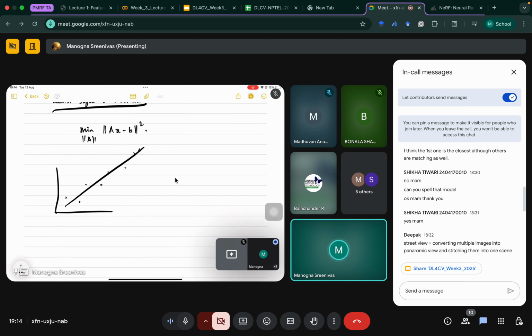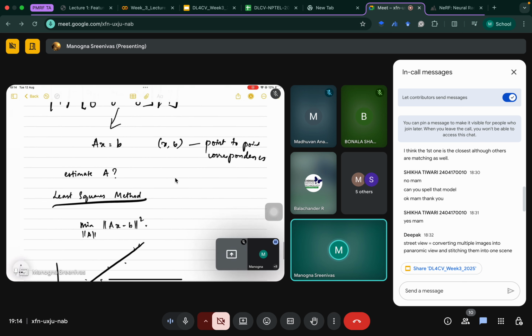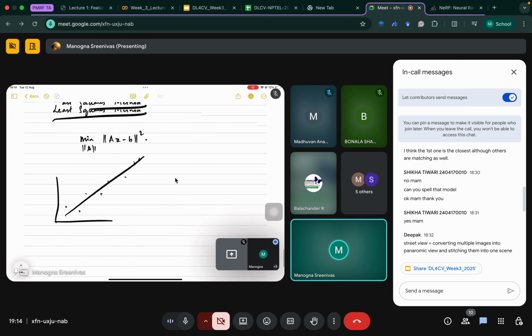So what is the equation of a line? How many data points? So here we have these correspondences, right? So I have all these points which are x and y, right?